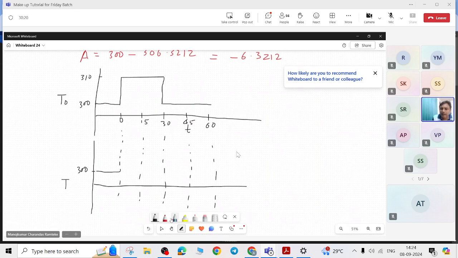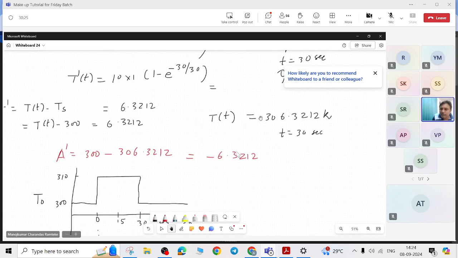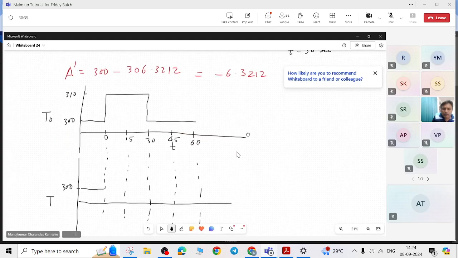Remember what we are getting here. At t equals 30 seconds, I am getting 306.3212. So somewhere here, this is, let's say, 306.3212, correct.